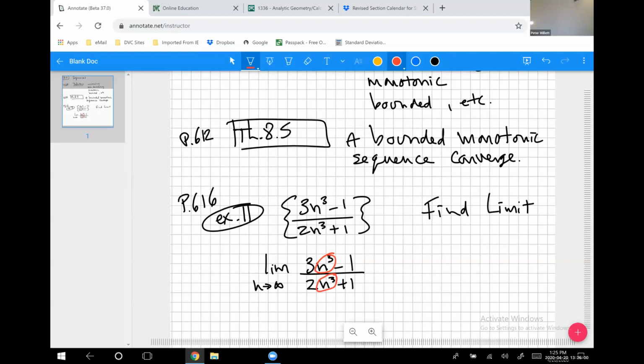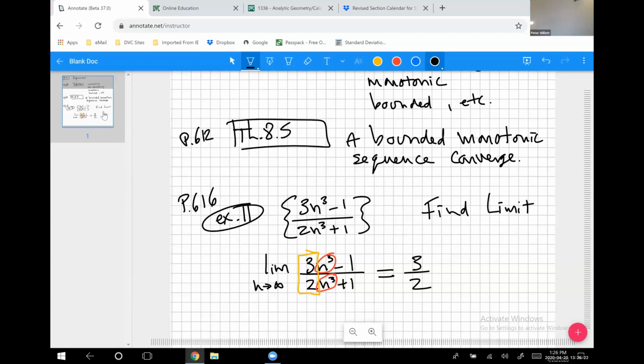If the top or the bottom has a higher degree than the other, that will dominate. But if the degree matches, as in this case, then they balance out perfectly and you just look at the leading coefficients of those powers. That allows us to conclude that this limit is 3/2, as several of you correctly pointed out.